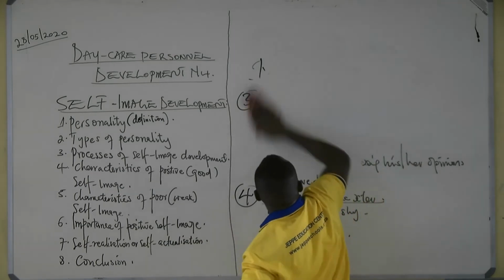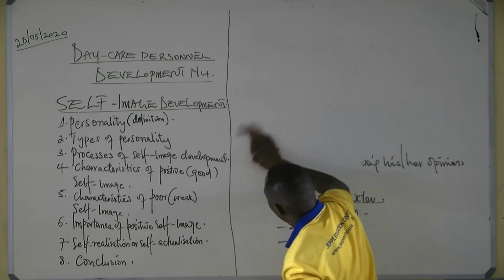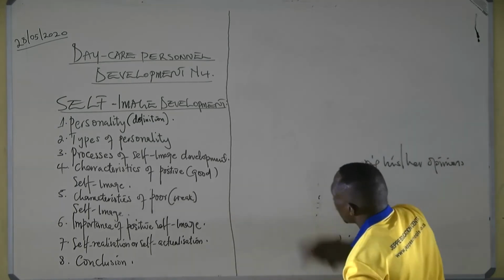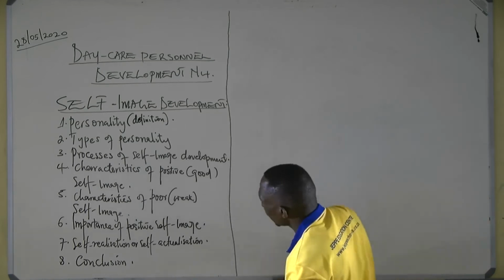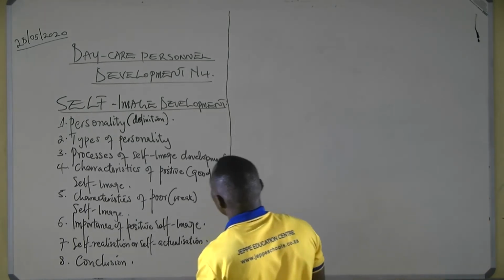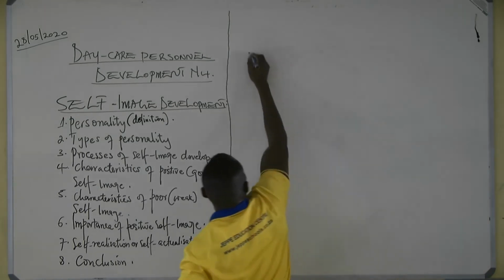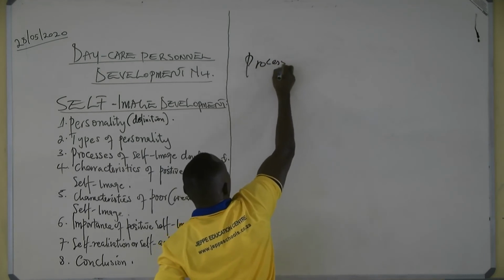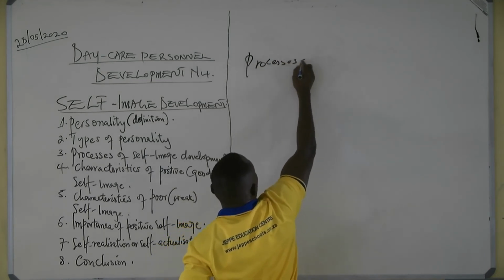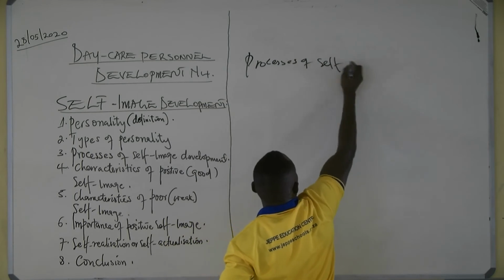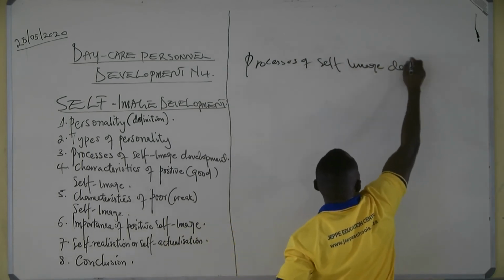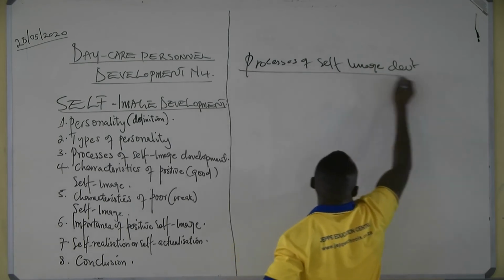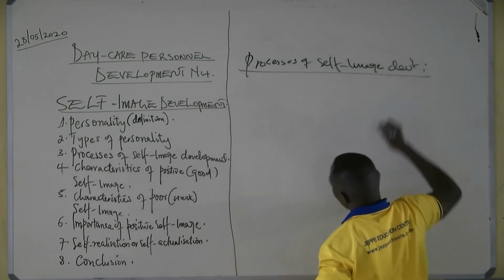Now, let us go further by looking at our course outline of our topic, which is about self-image development that we are focusing on today. Then number 3 are the processes of self-image development.